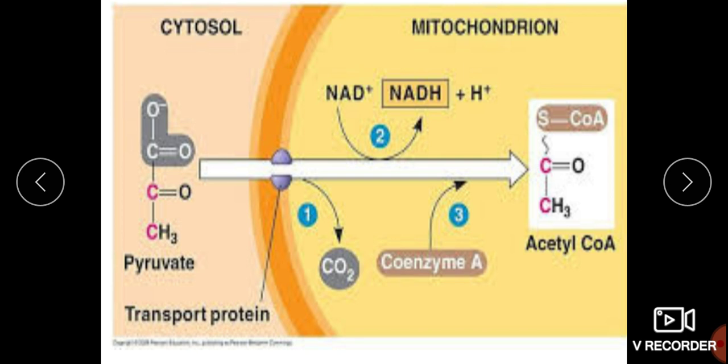It leads to the formation of acetyl coenzyme A from pyruvate. Here the removed hydrogen from pyruvate is accepted by NAD, which is converted into NADH. Also the pyruvate gets decarboxylated and one molecule of coenzyme A is added, leading to the formation of acetyl coenzyme A.